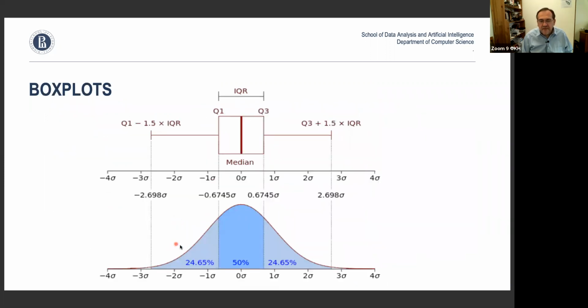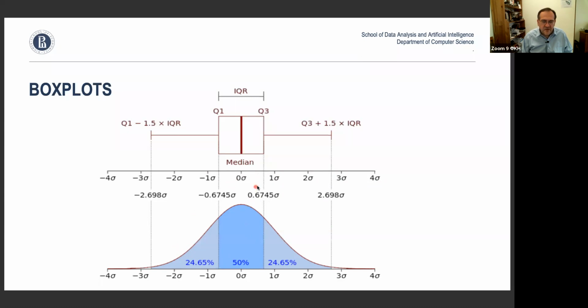One last thing: if your data is Gaussian, and we have a lot of data that is distributed almost like Gaussian, then this first quantile, 50% of the data, is right here. It's a little bit less than 1 sigma. 1 sigma gives us 67% of the data for Gaussian.